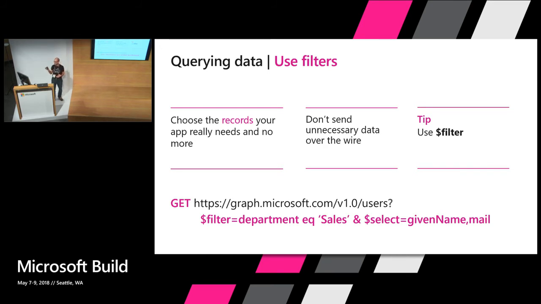So we're getting not only the columns we want, but only the users that are in the sales department. In general, we're saving on computational load where we have to serialize and deserialize less data, both in your client and up in our service, which means that the service will run much more efficiently. And so will your app.